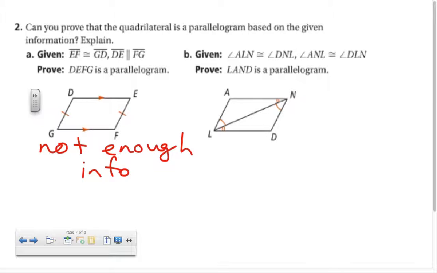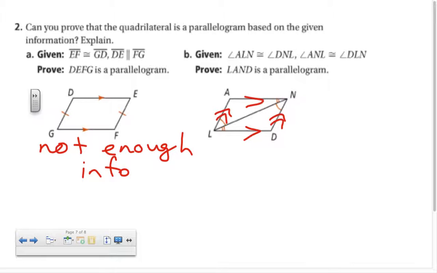In part B, I heard some wonderful observations. I heard the phrase alternate interior angles. Yes, the angles that are congruent are alternate interior angles. And if you remember from way back in chapter 3, if alternate interior angles happen to be congruent, you can use that to show that lines are parallel.